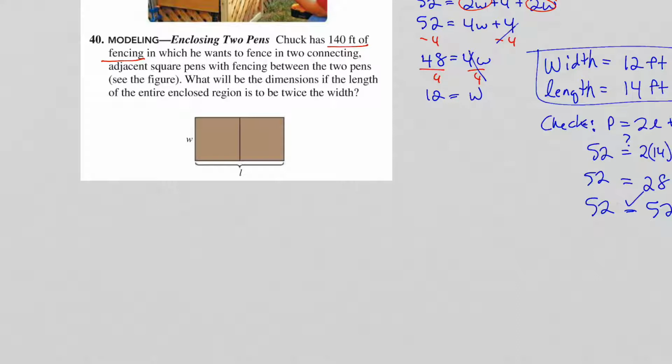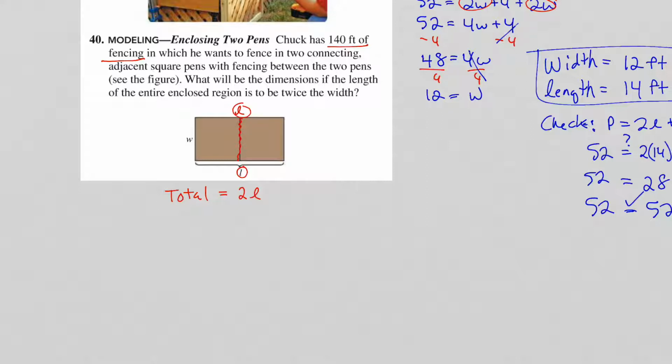Okay, so first of all, we know the total fencing. That includes this middle part here. So this time we have a total fencing, and that total is going to be made up of, now we have a length, and we know there's another length there, so we got 2 L's.